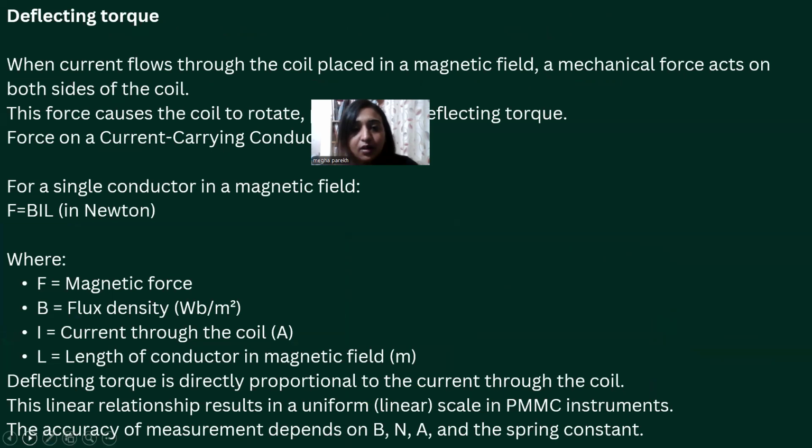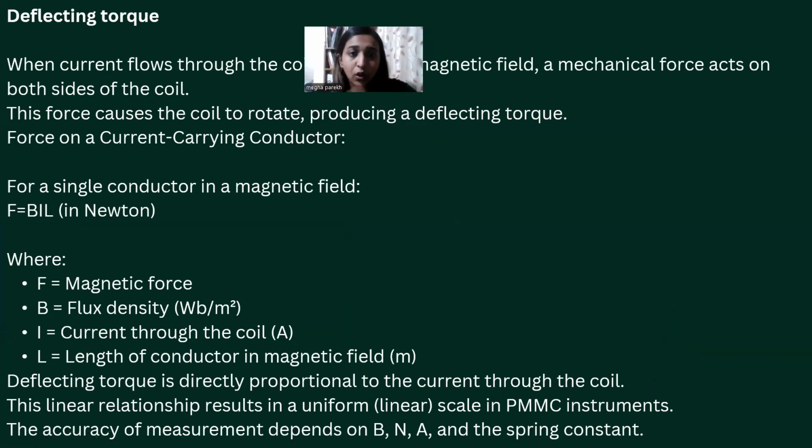Now let's understand what is deflecting torque. When current flows through a coil placed in a magnetic field, a mechanical force acts on both sides of the coil. This force causes the coil to rotate, producing deflecting torque. Okay, force on the current carrying conductor. So this is known as deflecting torque.